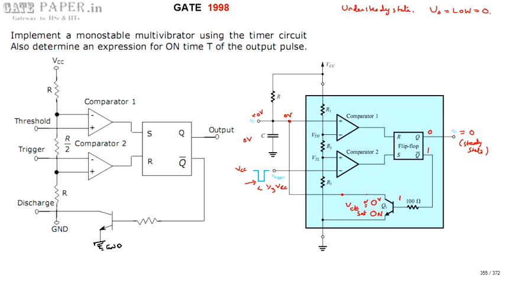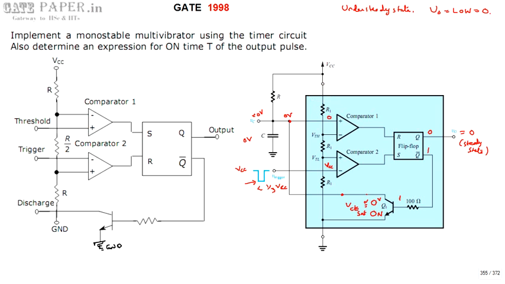That 0 volts is applied to the non-inverting terminal of comparator 1, and the trigger pulse is applied to the inverting terminal of comparator 2. Since you are not applying any trigger under steady state, the value present is VCC. According to the voltage division rule, for an ideal op-amp, the current flowing into the inverting and non-inverting terminals is always 0.